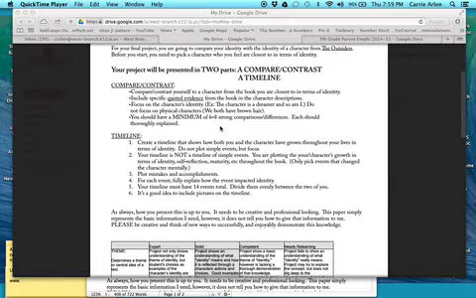So for the compare-contrast portion of the project, again, you have picked one character that you feel you are closest to in terms of your identity. For a compare-contrast, it's what it is. You're going to compare the two of you. You're going to explain how you are alike and how you are similar. For each of those comparisons, I want you to use one piece of quoted evidence from the book.